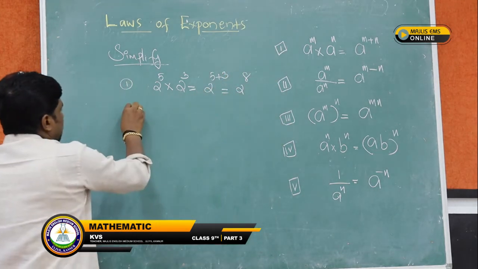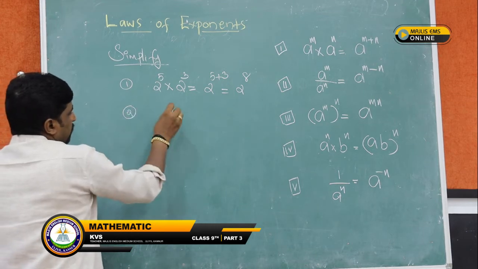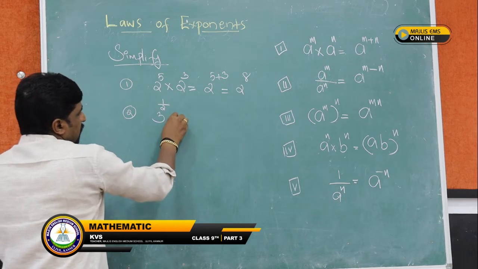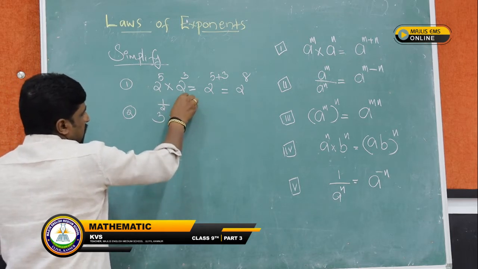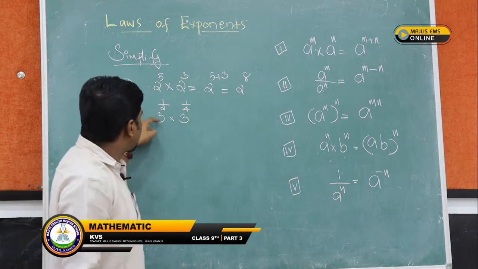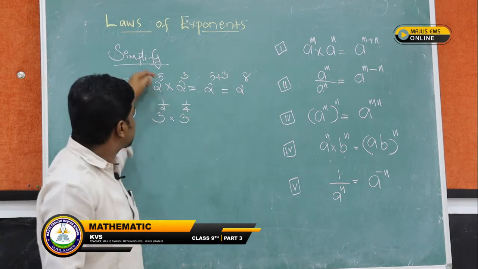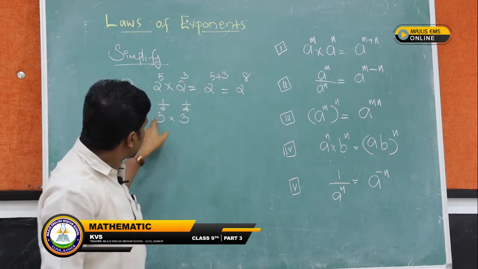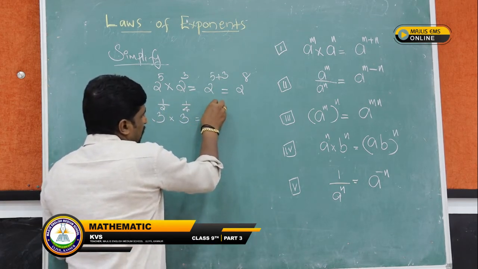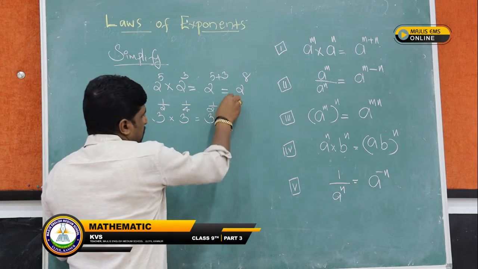Okay, then second question: 3 raised to 1 by 2 into 3 raised to 1 by 4. Like this, 3 raised to 1 by 2 into 3 raised to 1 by 4. Therefore, here the base a is the same, the power will change. Therefore, same result, we can use 3 raised to 1 by 2 plus 1 by 4.